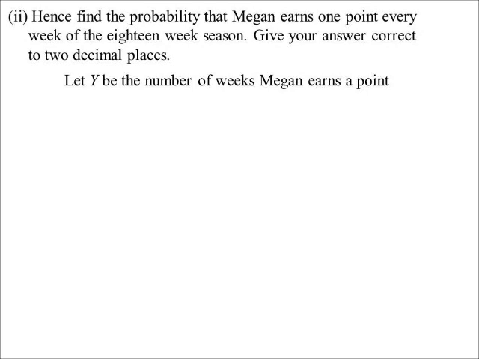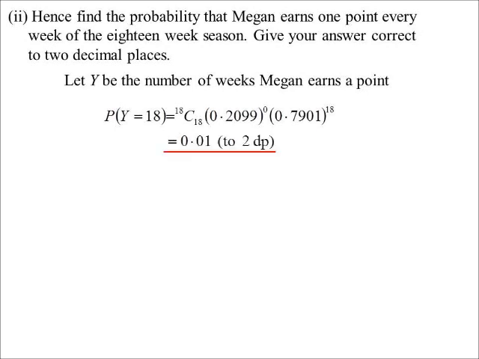So we don't use the probability from the last one. We're using the probability we just calculated. And, well, I've done it using binomial probability. So 18C18, 0.7901 to the power of 18, and it comes up to be, to 2 decimal places, 0.01.